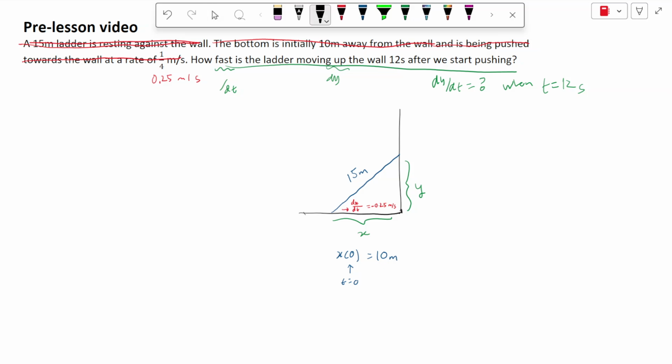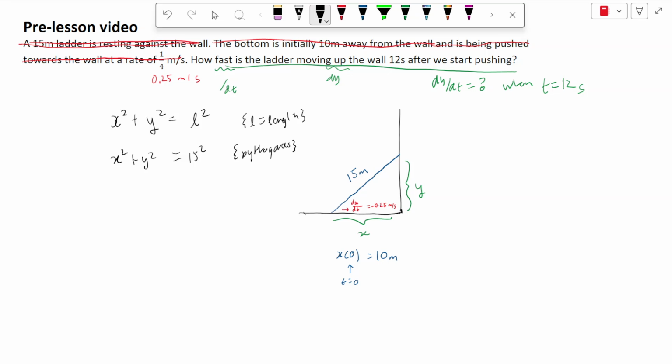So we've got some equations to connect it. Normally you'll use equations like Pythagoras, for example. X squared plus y squared is the length squared. And pretty much you can replace the length with 15 right away because we've got that. So x squared plus y squared is 15 squared, and this is Pythagoras.